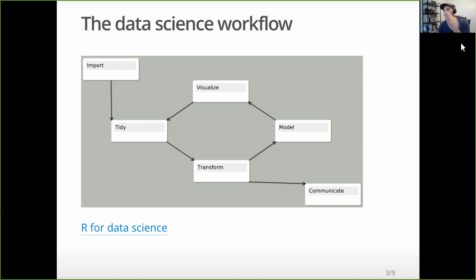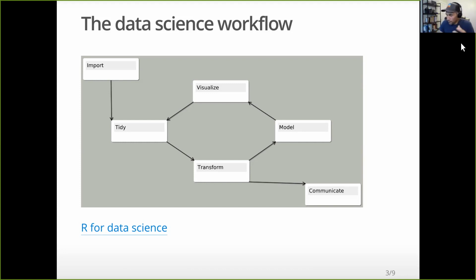And then you enter this loop where you usually transform your data to, for example, adapt better to a particular model that you want to run. Maybe you run a model, and maybe or maybe not you do some visualization, and maybe you need to enter this loop again until you're ready to communicate your results.